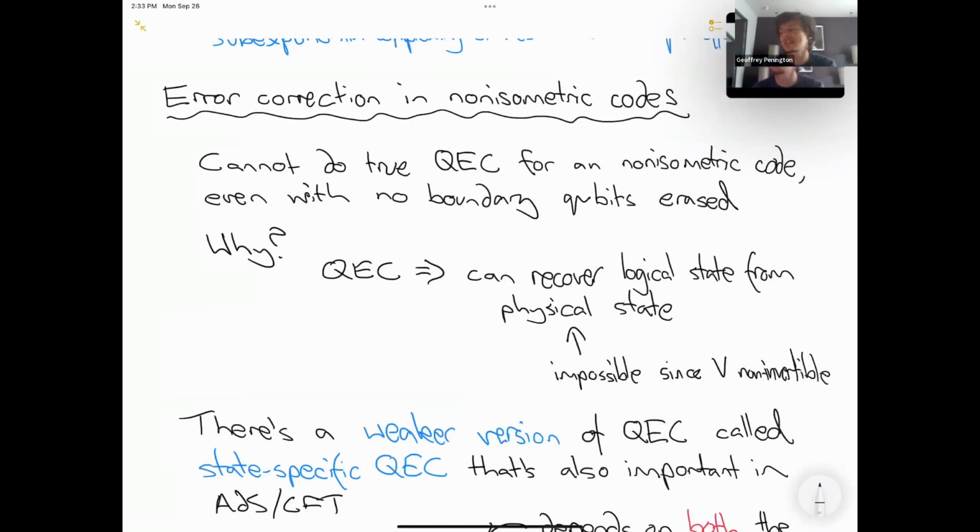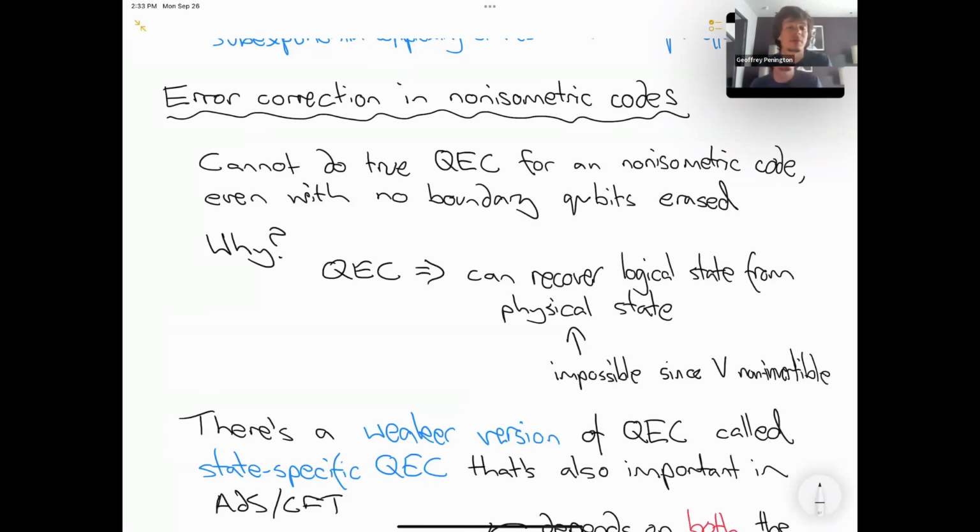So a very fundamental fact is that you cannot do quantum error correction in the true quantum computing sense for any non-isometric code, even if you're not erasing any part of the boundary. Even if no fundamental qubits get erased, even if you have access to the entire fundamental description of the state, you can't do proper quantum error correction of the full logical state of the effective theory. The reason is very simple.